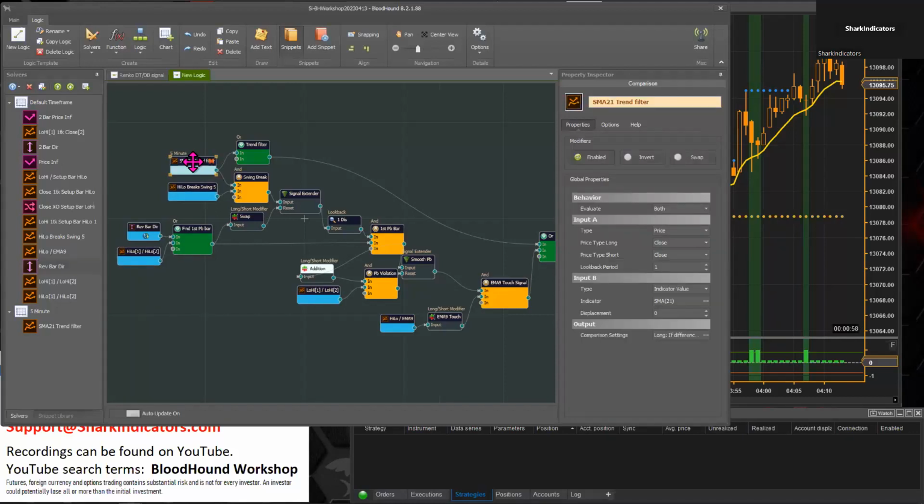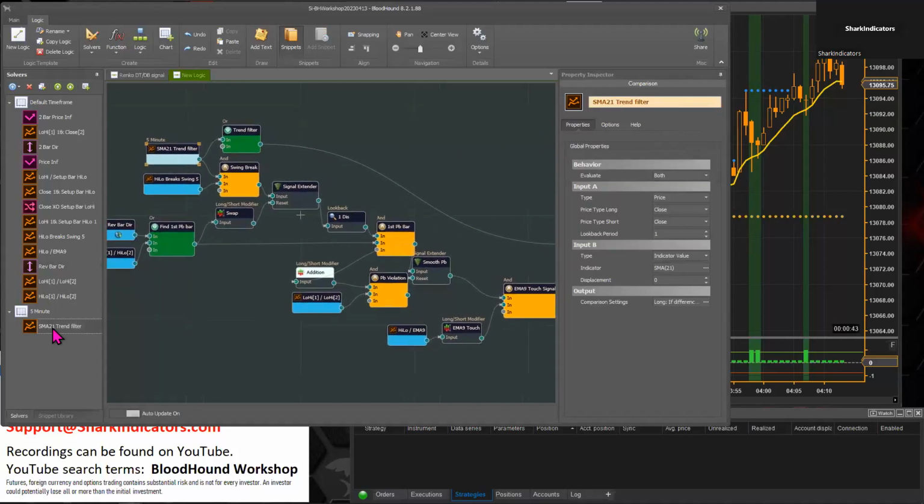So this is another solver here that's subjective. Maybe you want to look at this SMA trend filter on the 1 minute. You could take this solver down here, make a duplicate, and move it up.